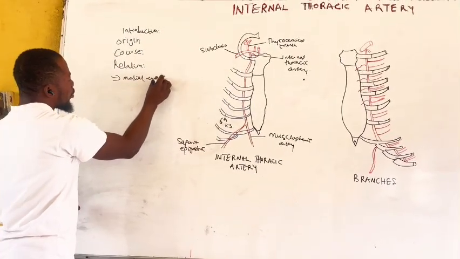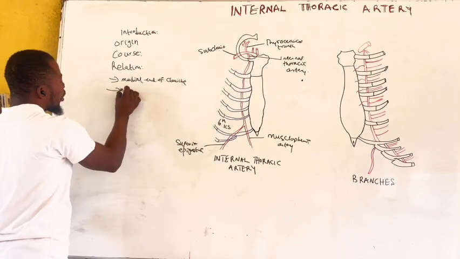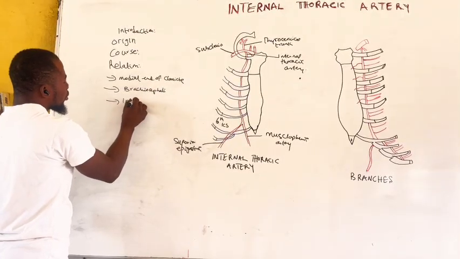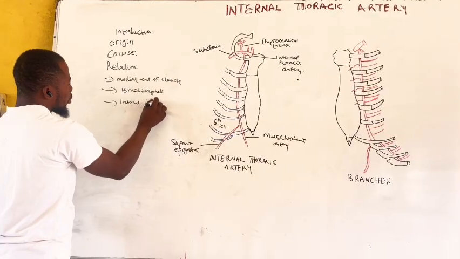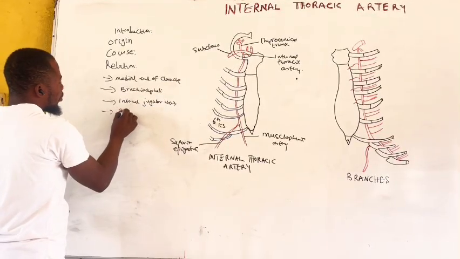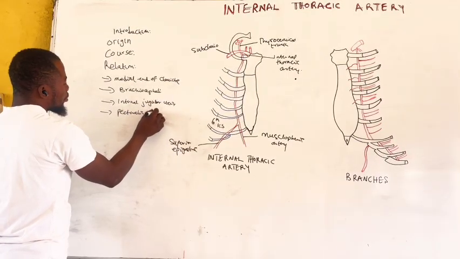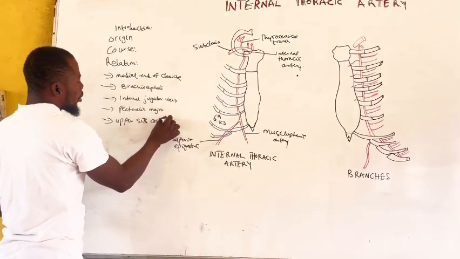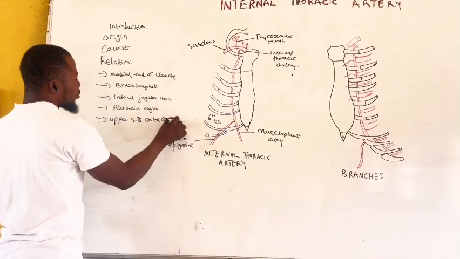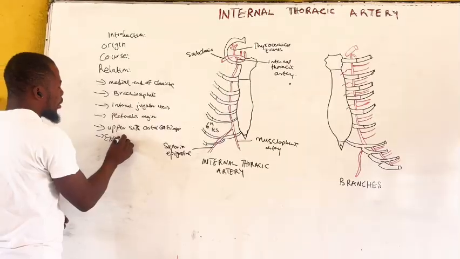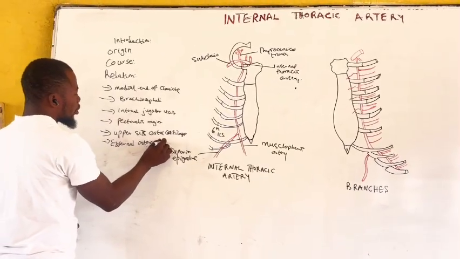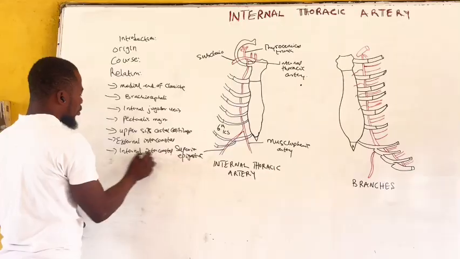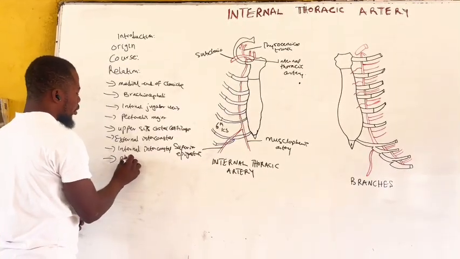the medial end of the clavicle, brachiocephalic vein, internal jugular vein, pectoralis major, upper six costal cartilages, external intercostal membrane, internal intercostal muscles, as well as the phrenic nerve.